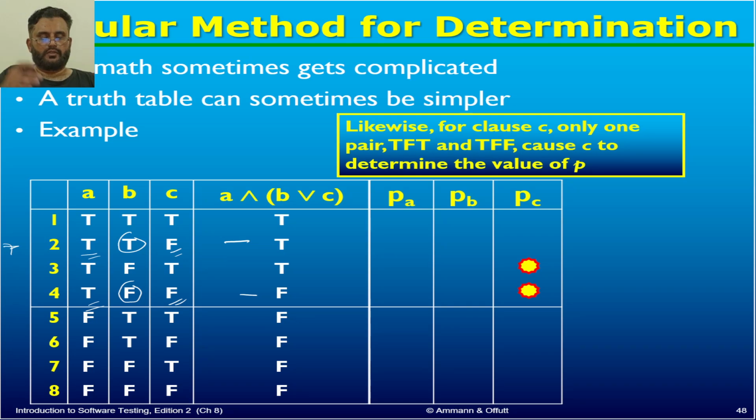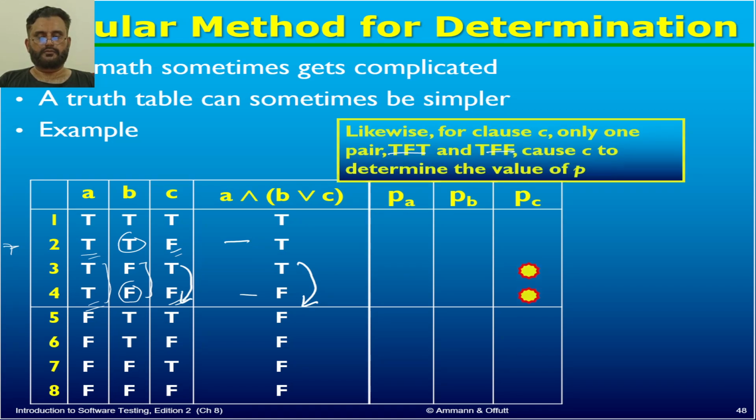And for C, you can look at rows 3 and 4. Here C's value changes from true to false, the predicate changes from true to false, and the minor clause values B and A have the same values, F and F, and T and T. Therefore TFT and TFF cause C to determine the value of P. So if we want to make C the determining clause, we can make use of the values in rows 3 and 4.